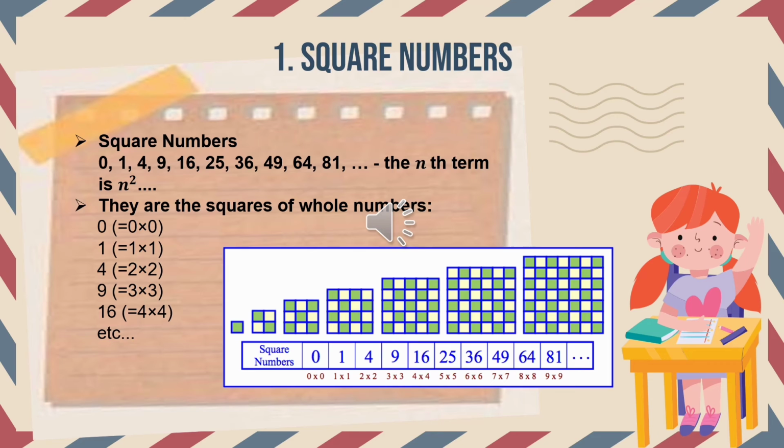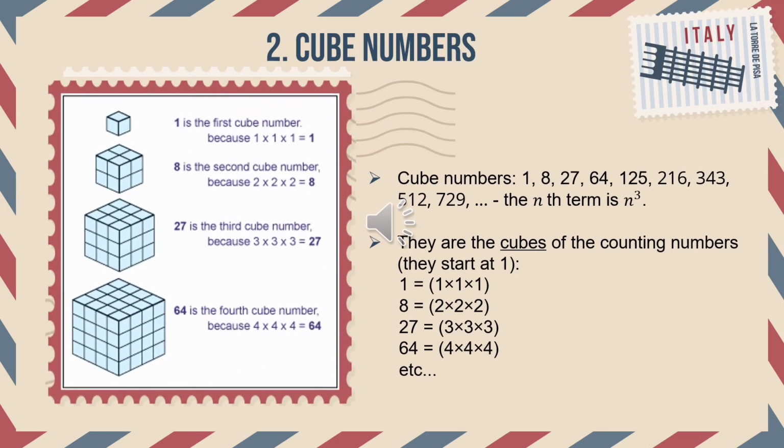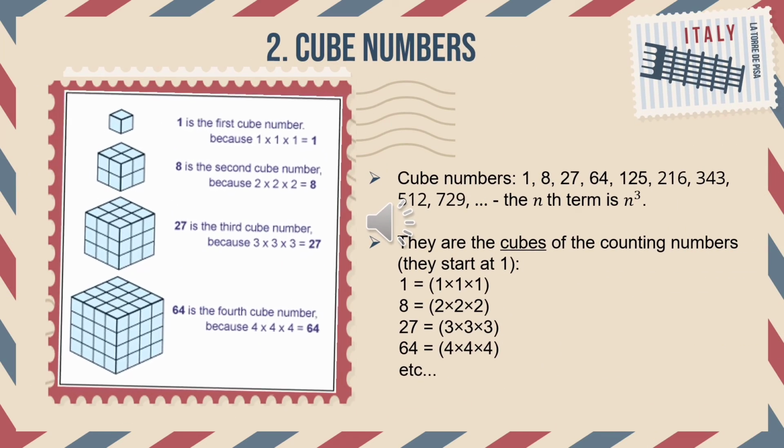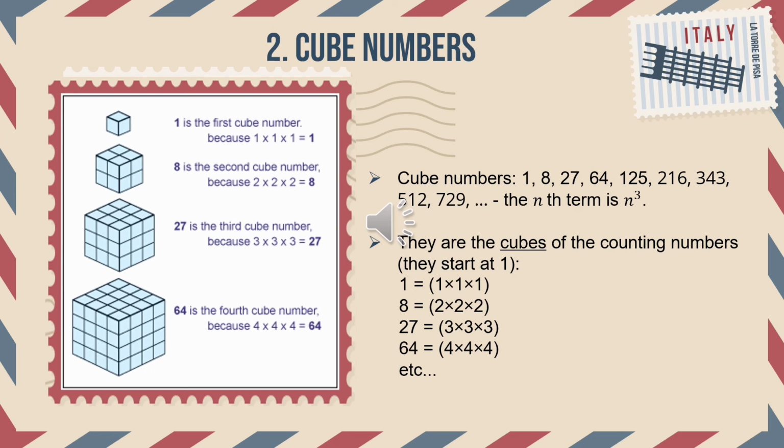Now, let's look at the picture. Second is cube numbers. Cube numbers like 1, 8, 27, 64, 125, 216, 343, 512, 729, and so on, and the nth term is n cubed.